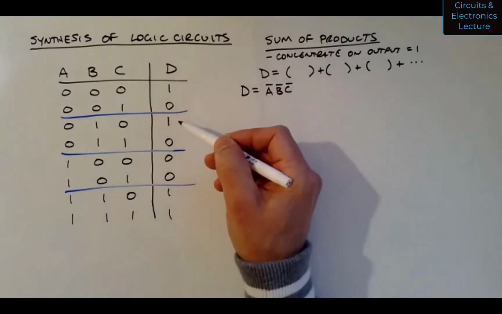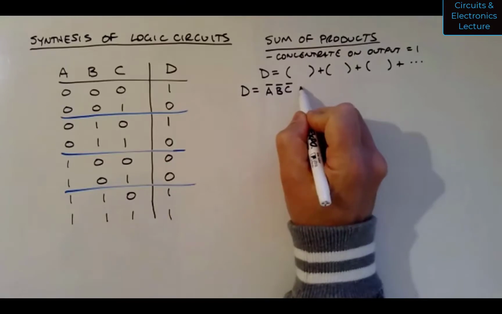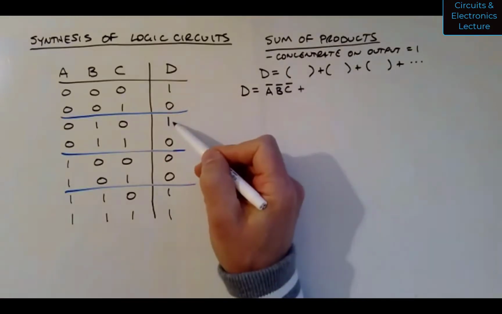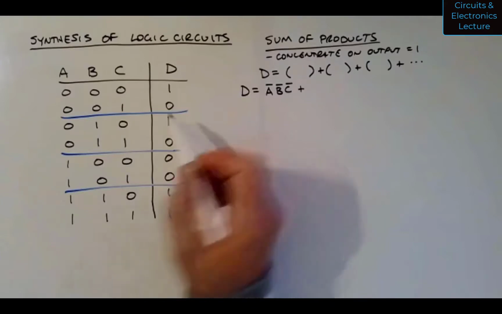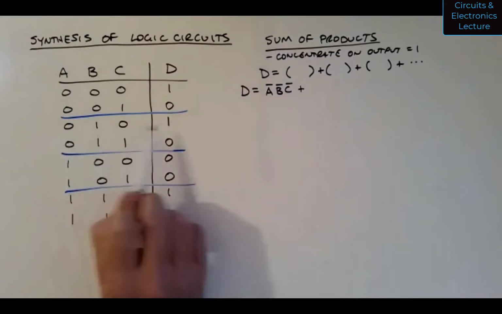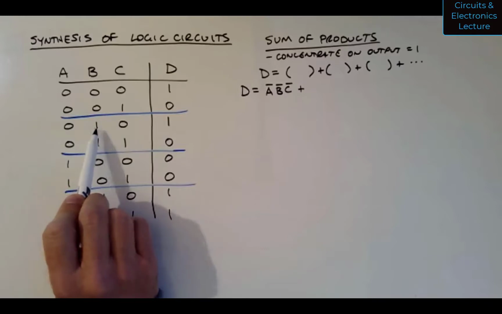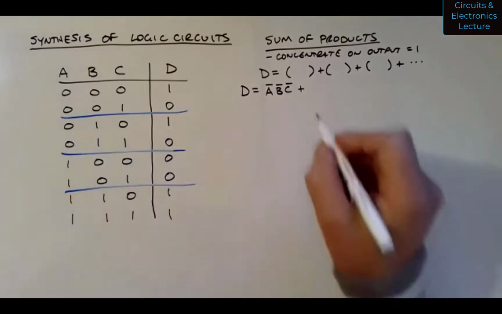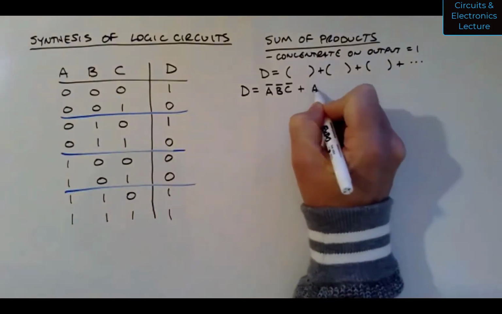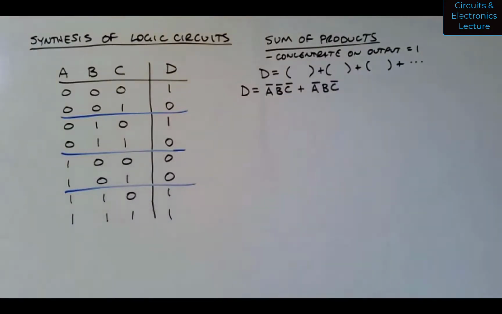Let's go down to the next row for which the output is 1. Okay, so I have this row here. With this kind of product term, I have to make a 1 happen, right? So I'm going to invert A. I'm going to leave B alone. I'm going to invert C. I'll get something like that.